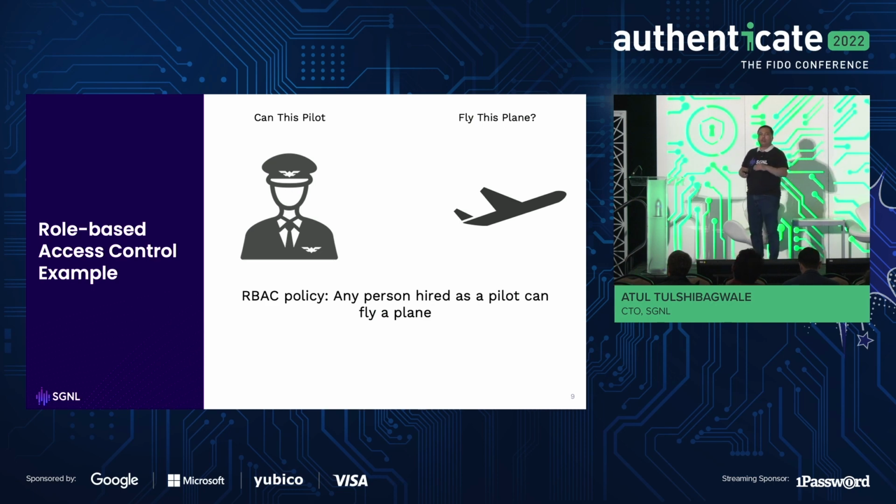If you use the most common role-based access control system, right, which is you have people in groups, and then those groups determine who has access. It's like saying anybody who has joined the airline as a pilot can fly any plane that they have, right? That's kind of what RBAC looks like typically.